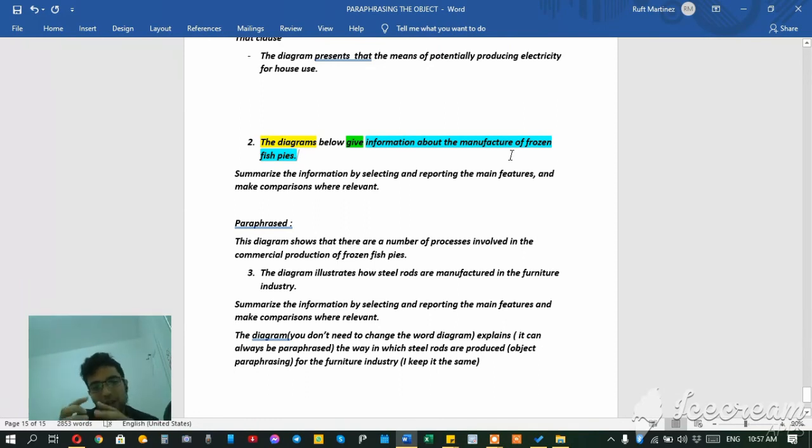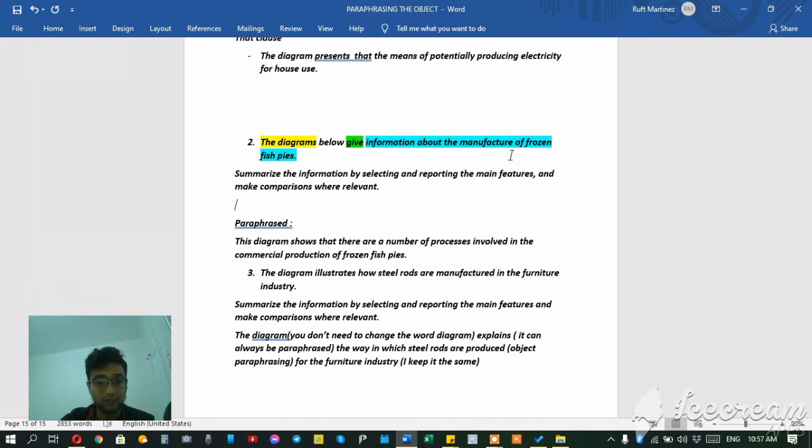Actually, when you find the object in your sample essays, just extract that object out of the sentence and write multiple paraphrased options for it, pick out one, include it in a sentence and then write it up.